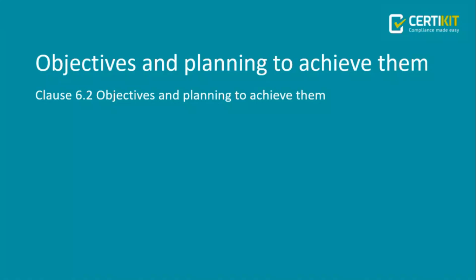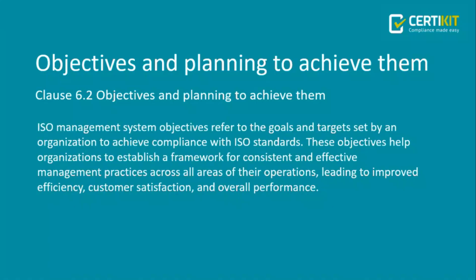We see this a lot of times when organizations put in their management objectives, which are more aligned to business objectives than they are to management objectives. Management objectives are looking at the goals and targets set by yourselves to achieve not just compliance with the ISO standard, but to improve the efficiency and the effectiveness of the ISO standard that you've implemented.